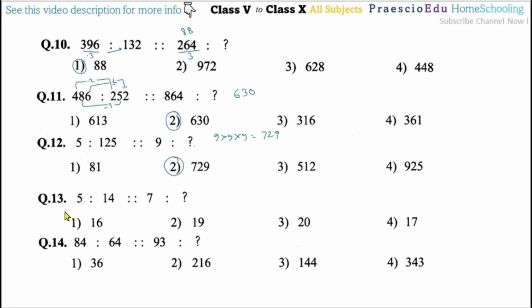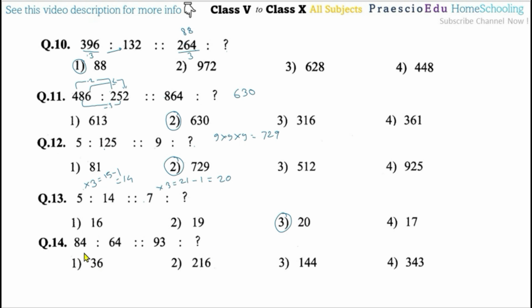Question number 13, 5, 14, then 7 and question mark. If we multiply 5 by 3, we are getting 15, and then minus 1, we are getting 14. Okay, likewise 7 multiplied by 3 is 21, and then minus 1 is equal to 20. So 20 means option number 3 is the correct one.